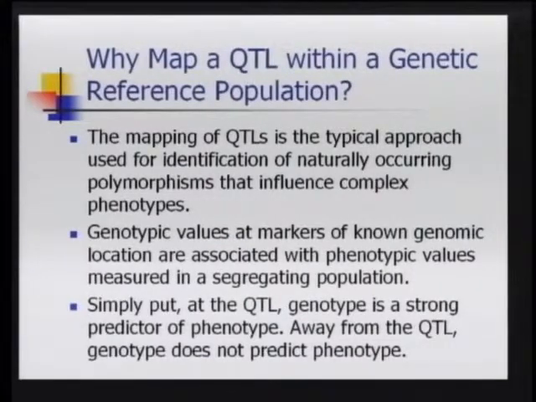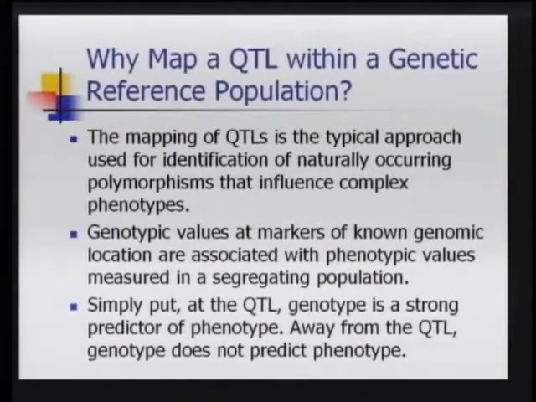Now, why would we want to map such a place in the genome within a genetic reference population? Well, this place is called a QTL, and the mapping of QTLs is really a typical approach for identifying these natural differences in the DNA, okay?